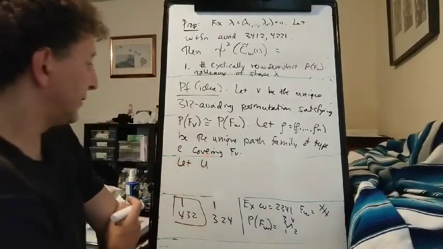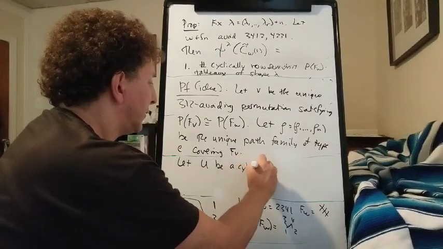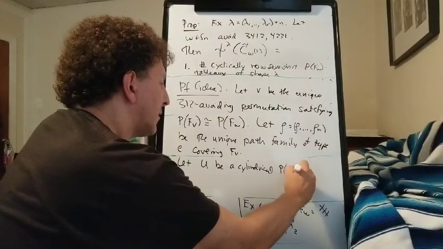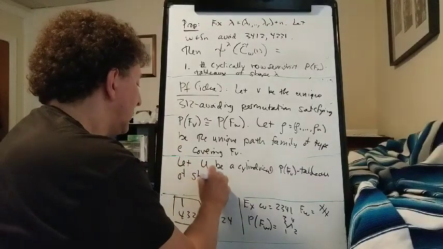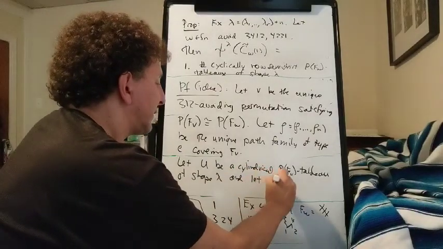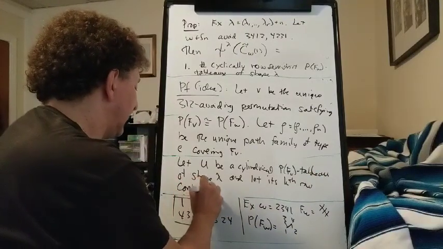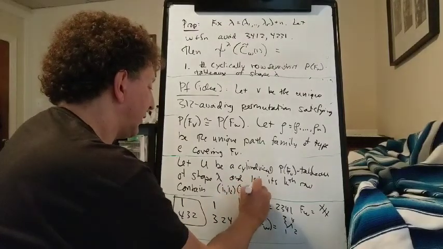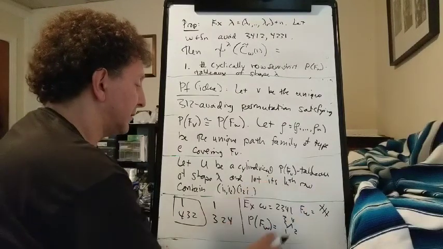Alright, so let's start with a cylindrical tableau. Let U be a cylindrical tableau of shape lambda, and let its kth row contain I1, I2, up to I lambda k. Since this is cylindrical, every path needs to start where the previous one ended.